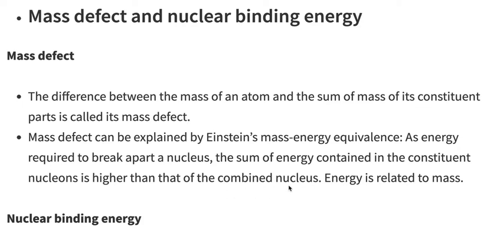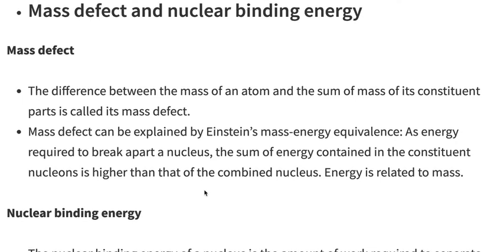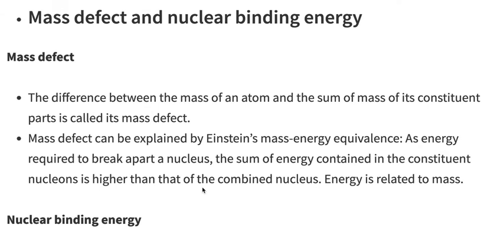And so you can literally get all of the masses of the protons and neutrons separately, and then get the mass of the entire atom when it's all together, and you'll see that's slightly different. And the difference in that mass is called the mass defect. And the difference in that mass is also equal to the amount of energy needed to pull apart that nucleus or those nucleons from each other. Kind of interesting.